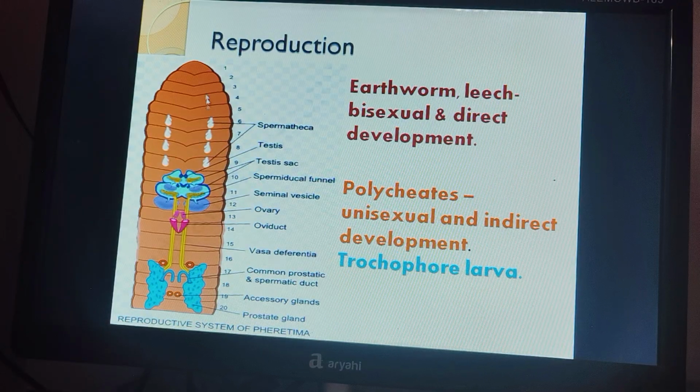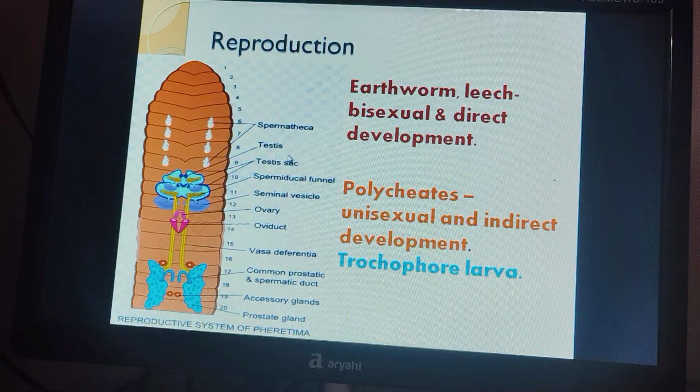Bisexual in the sense that in a single animal, both testis and ovaries will be present. So you can see testis in these segments. Testis and spermatheca. These are the spermatheca. The sperms will be stored here, and then you can see the ovary here, and then oviducts.